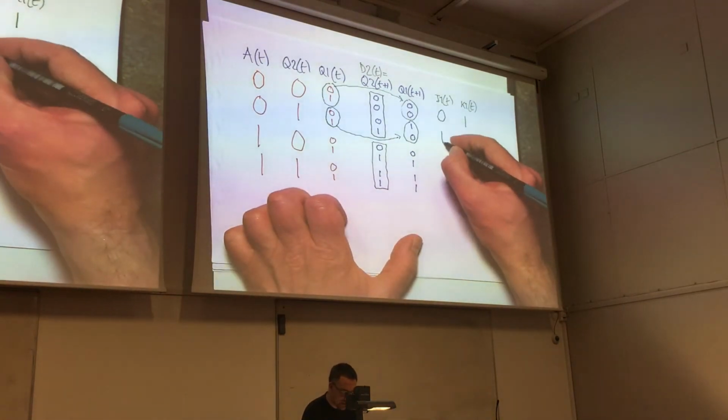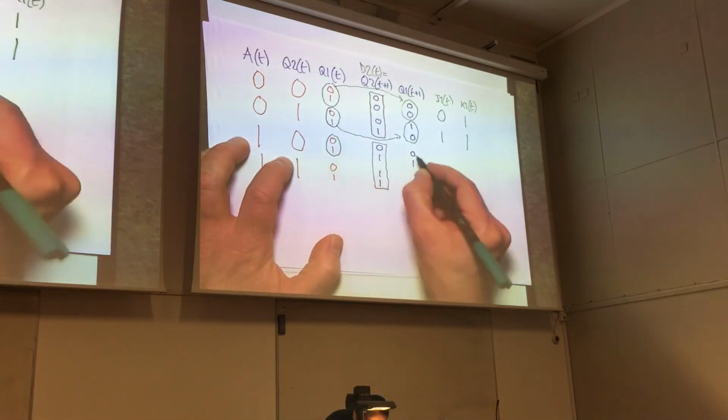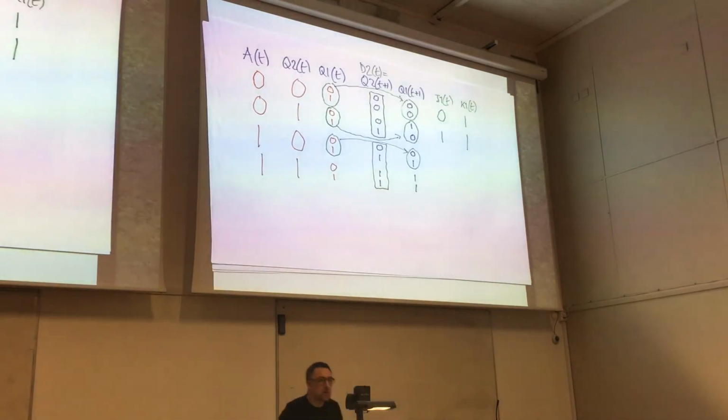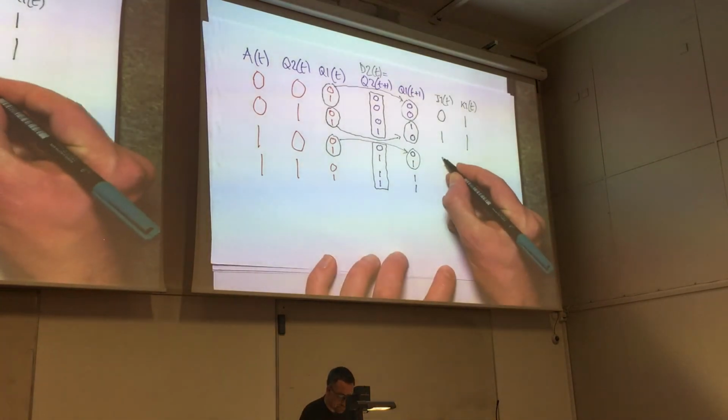That's what tells the flip-flop to toggle. Okay, next one. This is what's happening. What's the flip-flop doing? It's staying the same. How do we tell the flip-flop to stay the same? 0, 0.